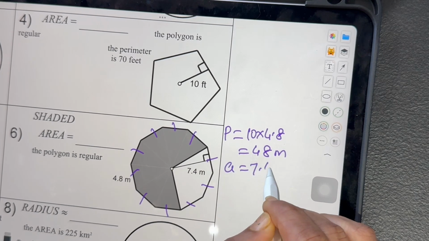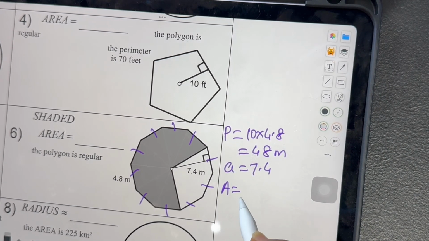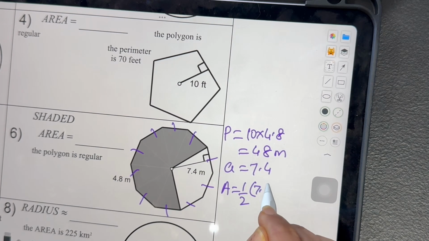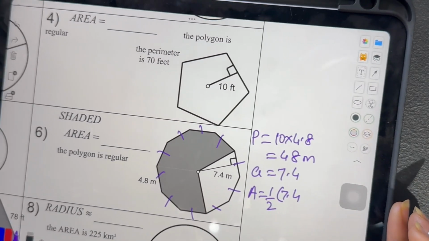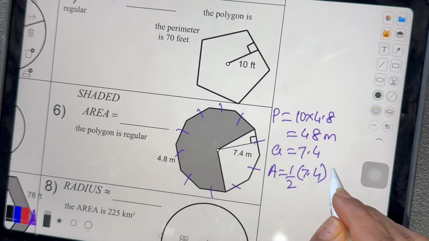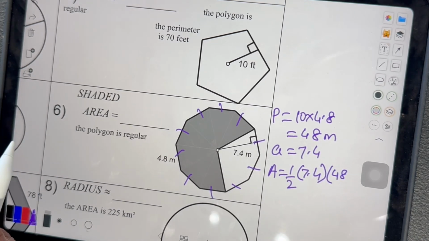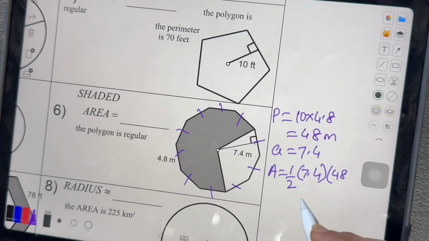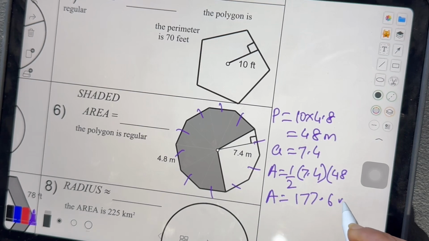Apothem is 7.4. So the area of the whole figure will be half apothem times 48. So 7.4 times 24 is 177.6. So I got the area as 177.6 meters squared.